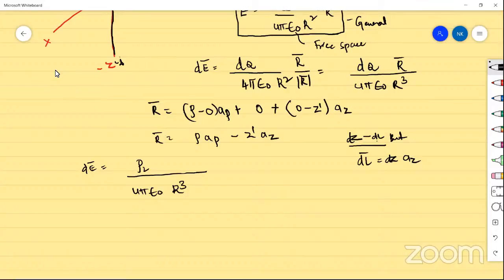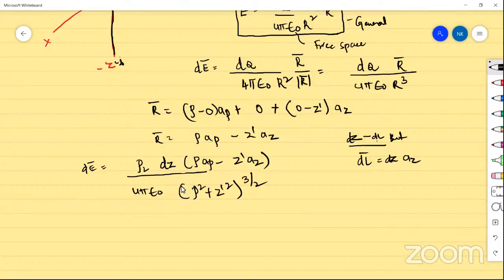So rho L by 4 pi epsilon naught into r cube into dz. So dl is nothing but dz into r bar. What is r bar? Rho a rho minus z dash a z. Then what is r cube? Rho square plus z dash square whole over 3 by 2.